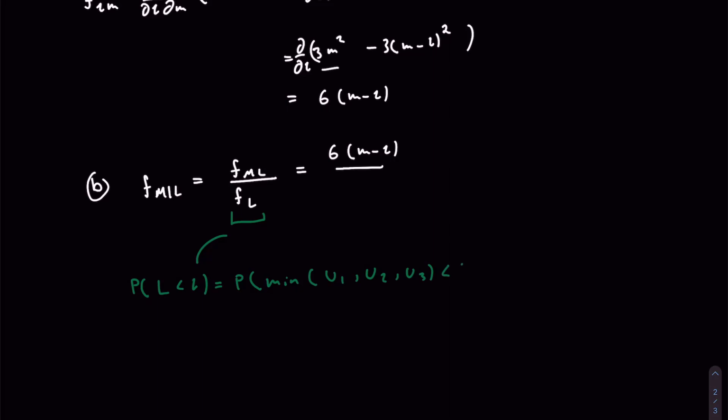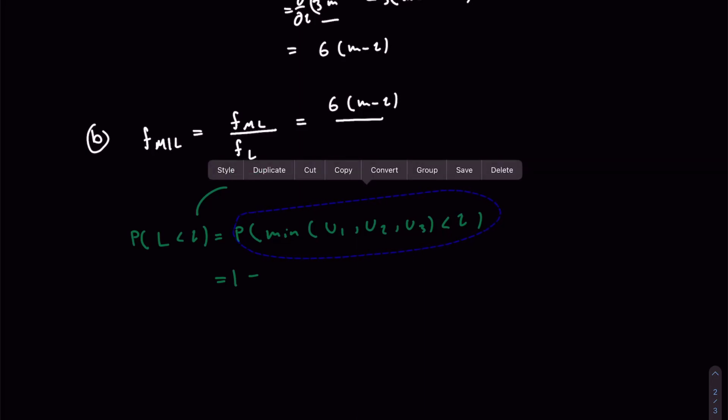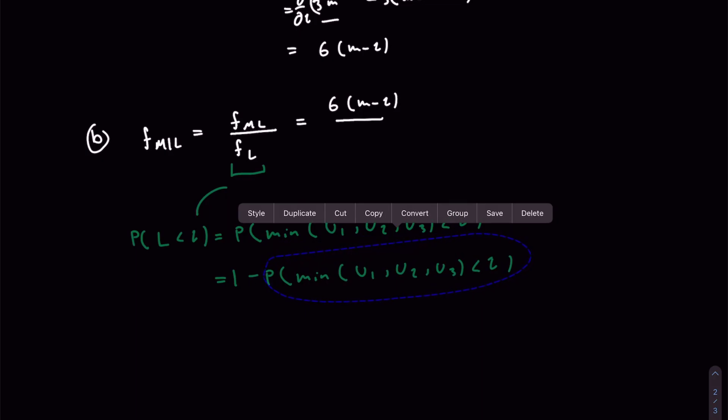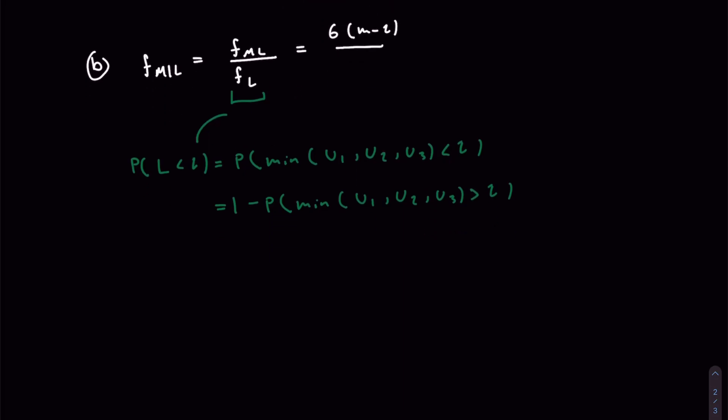Like so. And again, to open up that minimum, we take the complement so that we can change the direction of the inequality here, like that. And that enables us to set this to be U1 larger than L, U2 larger than L, and U3 larger than L.